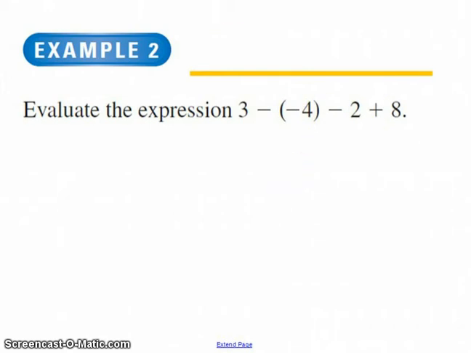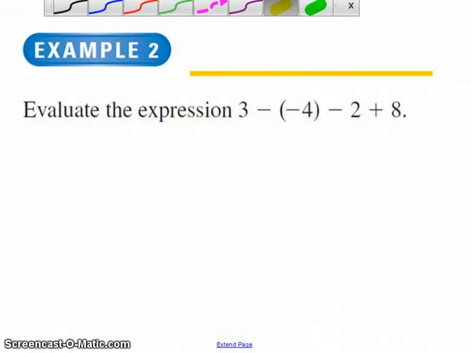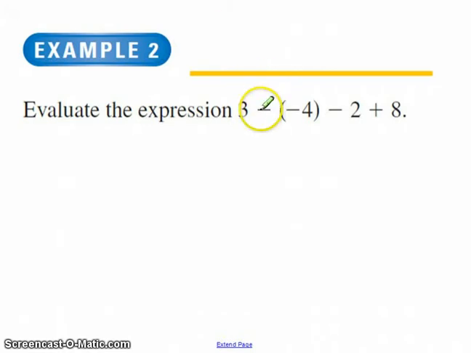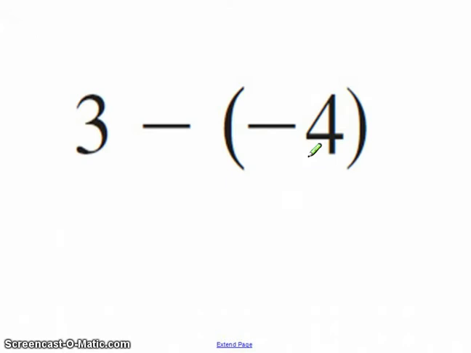Before I go there, though, I want to zoom in on one other topic right here. This idea of minus minus. In fact, speaking of zooming in, 3 minus minus 4. Okay, let's zoom in on just that part, the 3 minus minus 4.